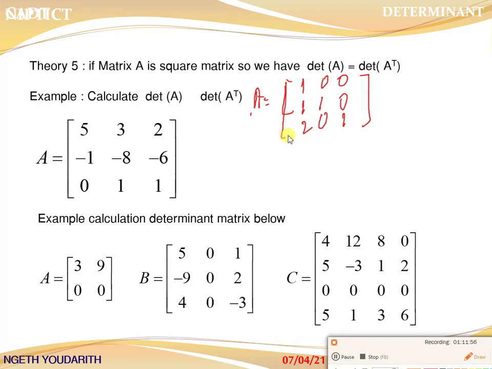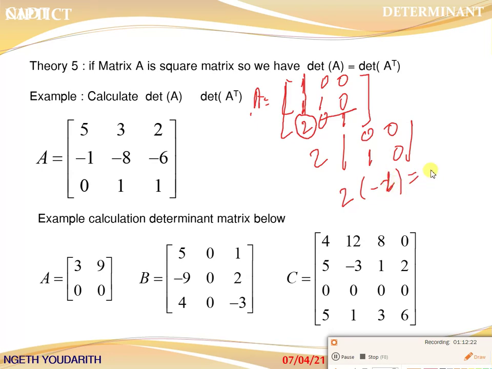So I can find the determinant by this one or this one. If I find this one, I almost close this one, it is 2, have only 0, 0, have only 1 and 0. So we have 2. This one is minus 1.